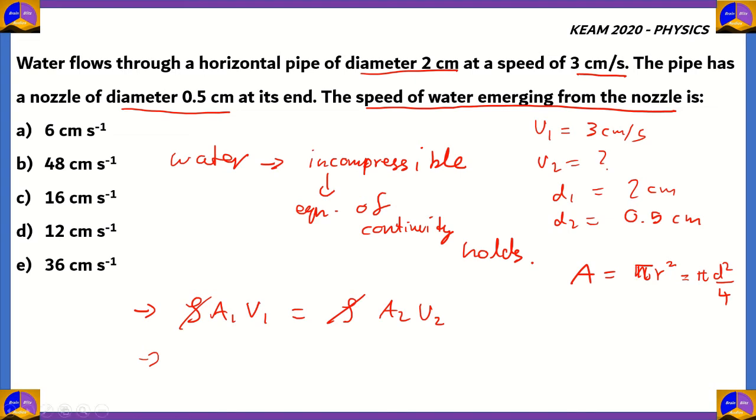So on the left-hand side, A1 V1 is pi d1 squared by 4 times V1, and the right-hand side is pi times d2 squared, the diameter of the nozzle, divided by 4 times the speed of water at the nozzle. Pi by 4 cancels from both sides, so we get V1 times d1 squared equals V2 times d2 squared.